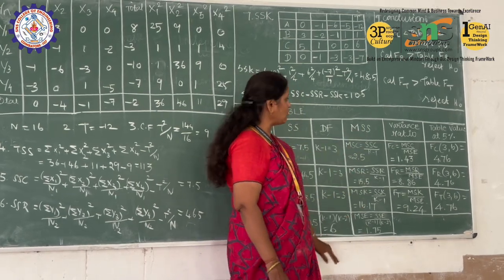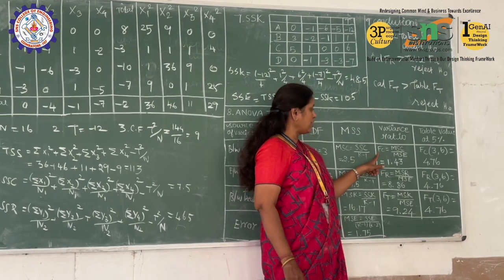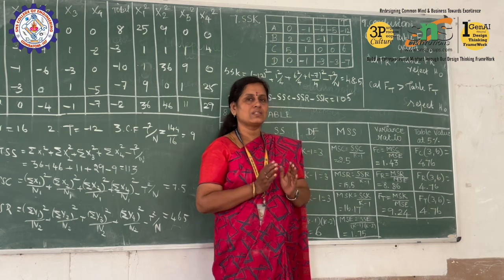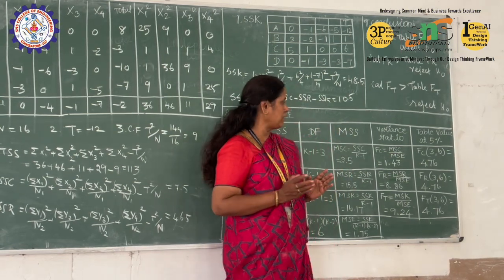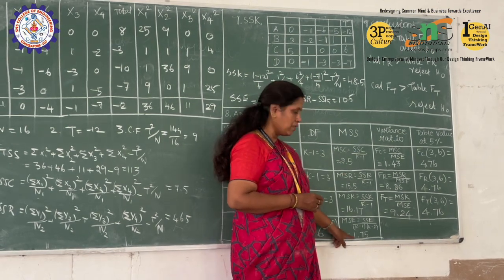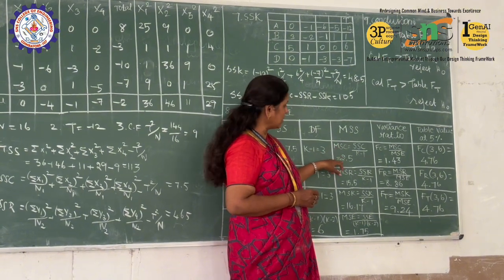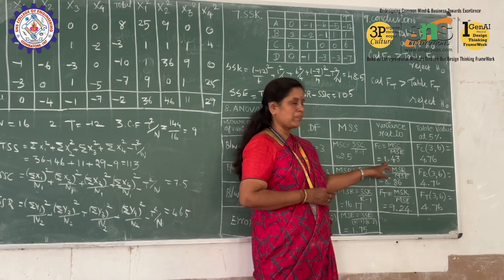After calculating these values we go for the variance ratio. Column-wise F ratio is equal to MSC divided by MSE. Here we must check whether the numerator is greater than the denominator. So MSC is 2.5 and MSE is 1.75. So MSC is the greater value, so MSC divided by MSE is equal to 1.43.